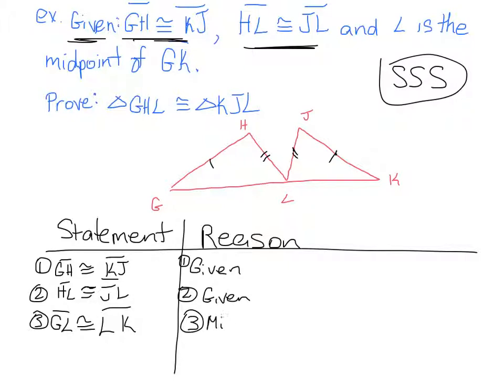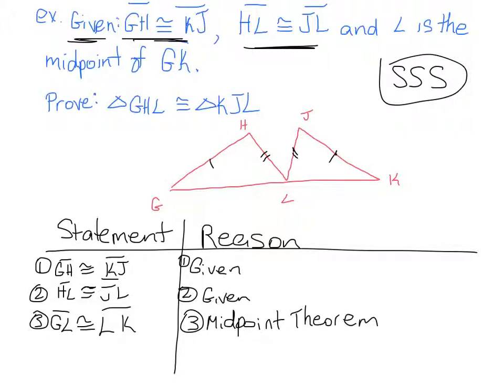So this is the reason why it's really important to keep track of all the definitions and all the theorems that you've been learning, because these definitions, theorems, and postulates will be the things that allow you to make these nice, bold statements and back them up. Okay.